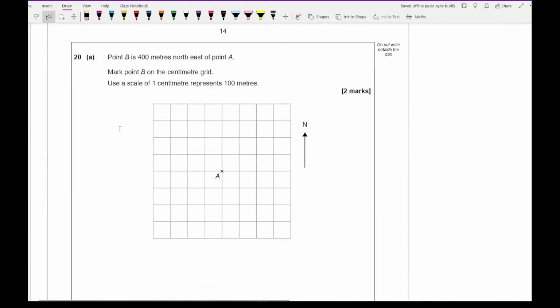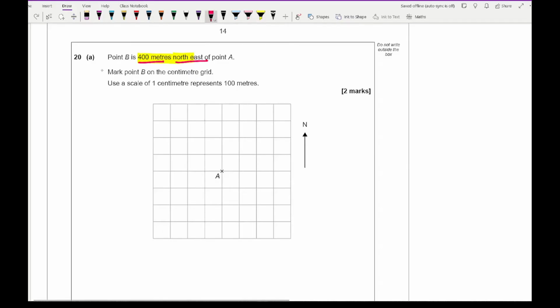Moving on to question 20, it says point B is 400 meters north of A, and mark point B on the centimeter grid. Use a scale of 1 centimeter represents 100 meters. So for this, we need to do two things. One, we need to mark where 400 meters is, and we also need to look at the fact that it's northeast.